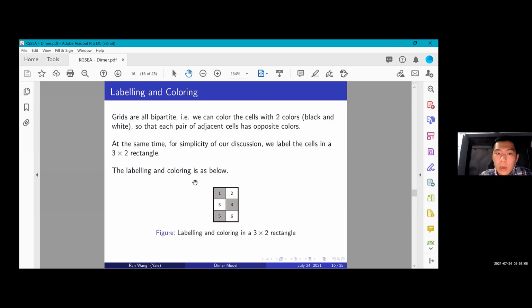So here we can also do the same thing to this grid. For example, we'll color the cells 1, 4, and 5 black, and then 2, 3, and 6 white. In this way, for all the pairs of adjacent cells, one of them is black and one of them is white. Okay.